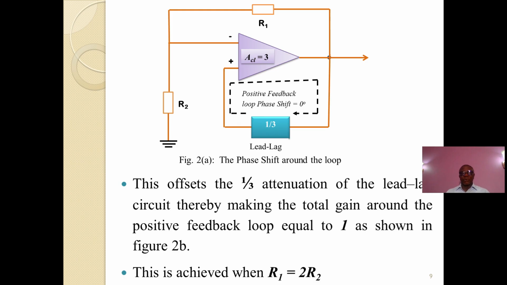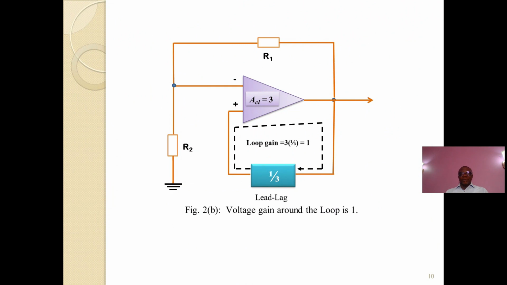We've seen R1, we've seen R2. So if you're using R1 as 5, then R2 must be 10: 5 kilo ohms, 10 kilo ohms. That is for this condition to be achieved. So that is what we're also saying here, that there's no difference.